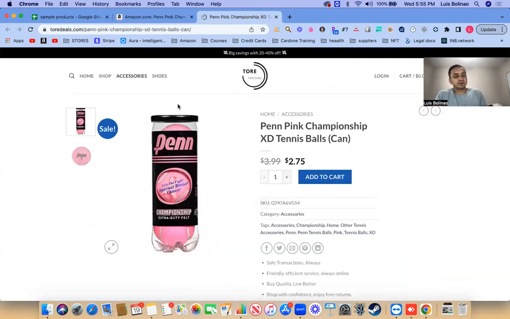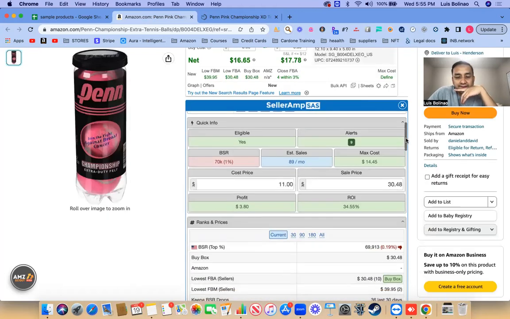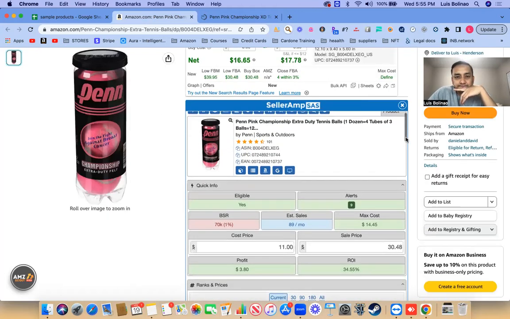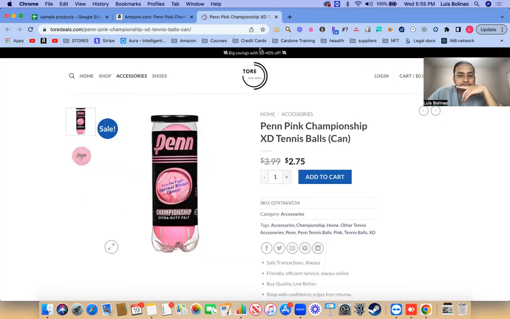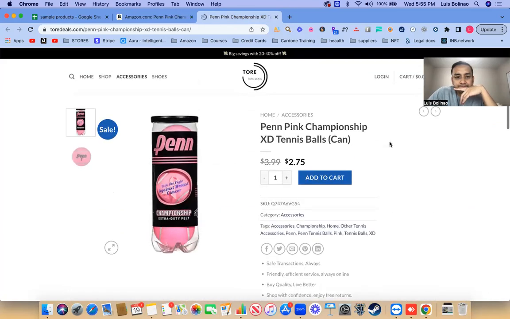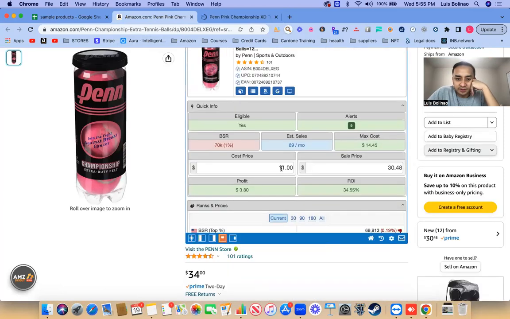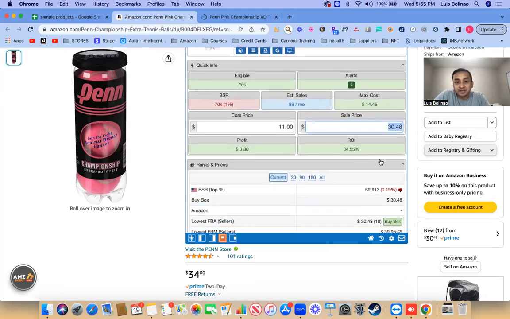So 2.75 times 4, it's about $11. Sale price is $30. ROI is about 34%.